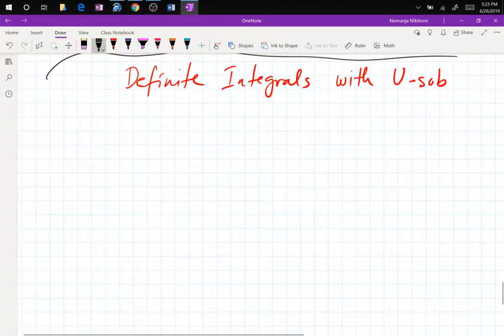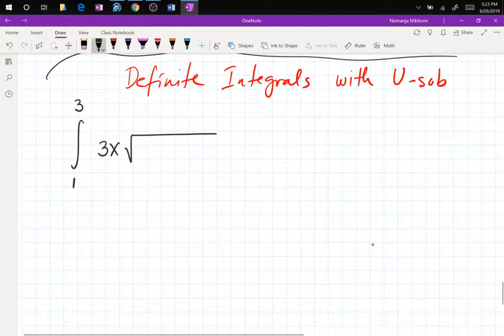No. Okay. So now what we have is a definite integral, let's say from 1 to 3, and say you have 3x square root of 4x squared minus 1 dx.